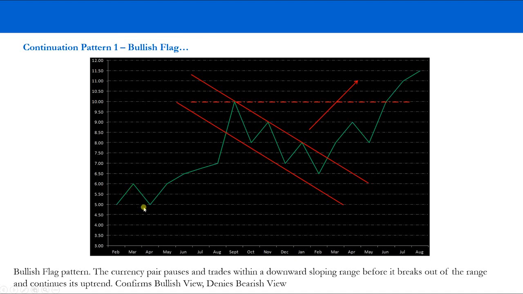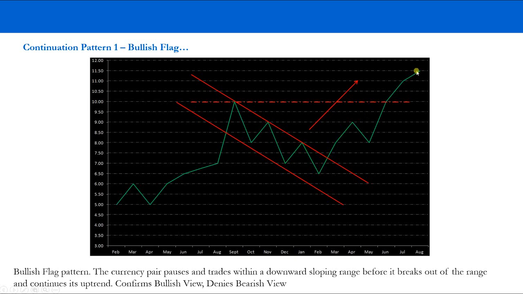And the way this works is overall we have an uptrend. So you can see this currency pair has gone from 5 up to 1150. So the overall trend is the currency pair is going higher. However, as it's going higher, we have a pause in the price before it breaks out and continues.